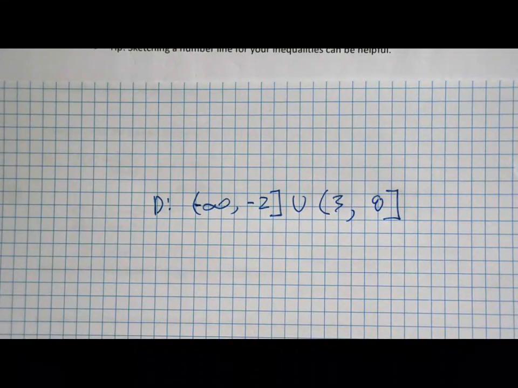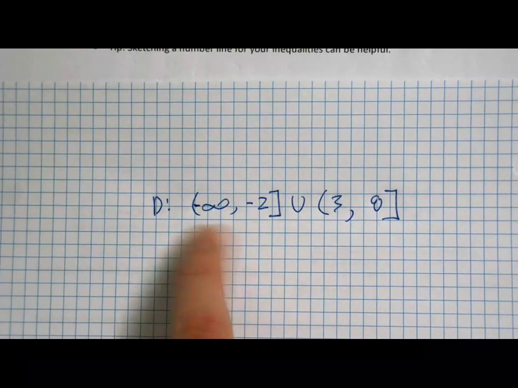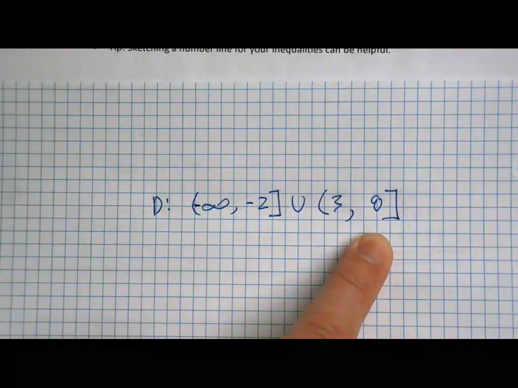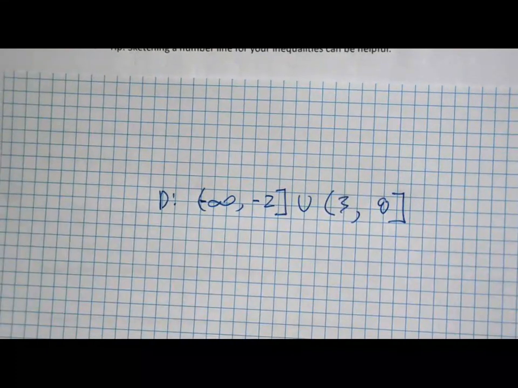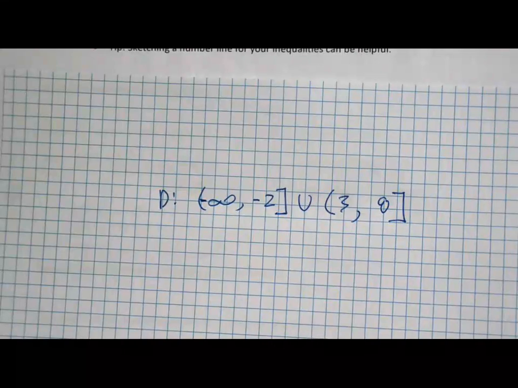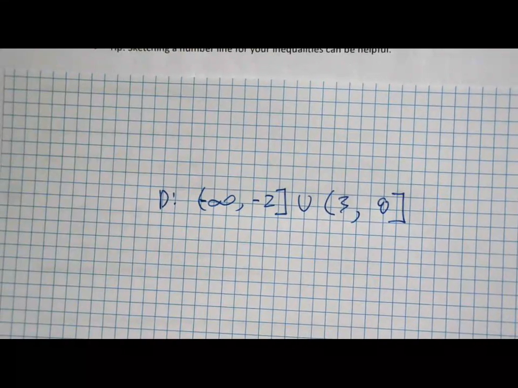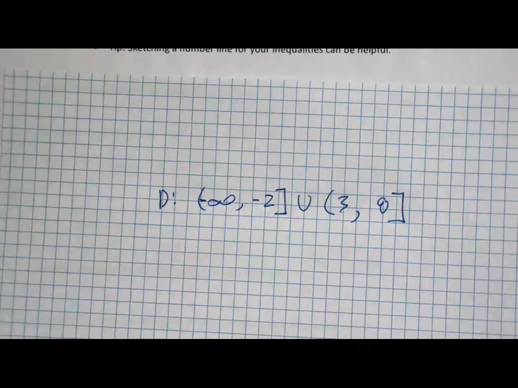My question to you is, can I put 0 into this function and get an output? Can 0 go into this function? Is 0 part of that domain? Would 0 fall in this interval or in this interval? No. So 0 would not go into this function. Okay, what about 5? 5 would work. So I could put 5 into this function. What about 3?